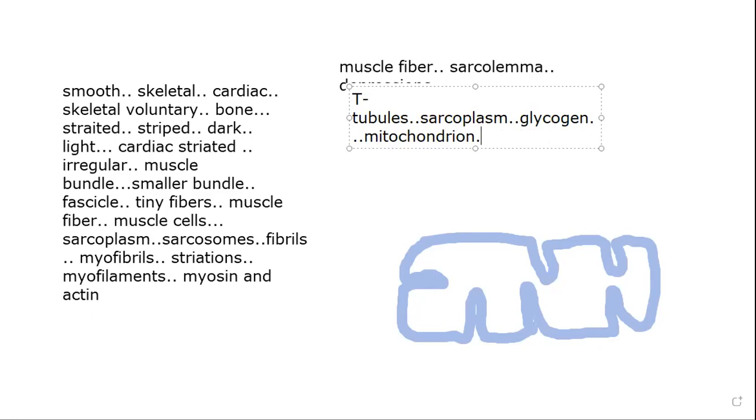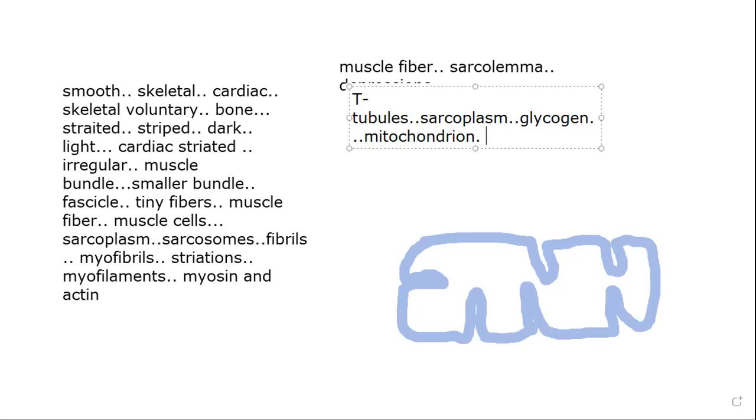Now, inside the muscle fiber, we have special types of even smaller fibers, which are known as the myofibrils. These myofibrils are made up of two different types of protein threads, which are known as the myofilaments. These myofilaments are of two types, the myosin and the actin.